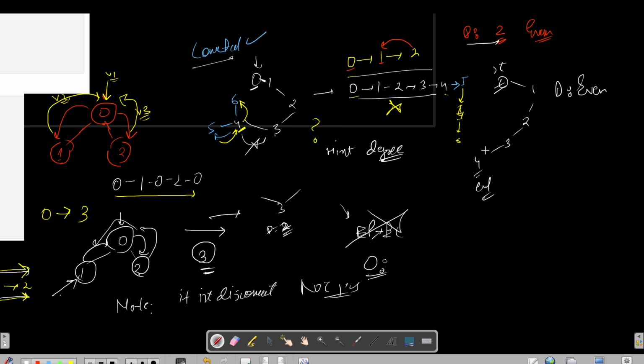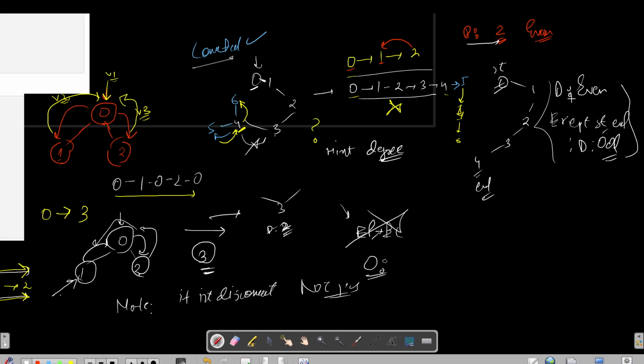And only for the starting and ending point, because there is no other vertex attached, we can tolerate that the degree could be odd, right?